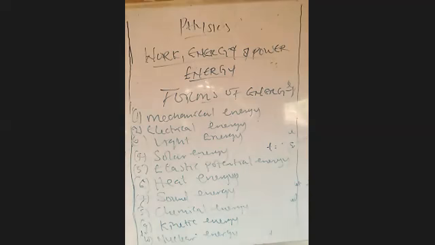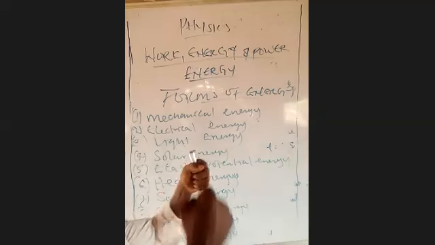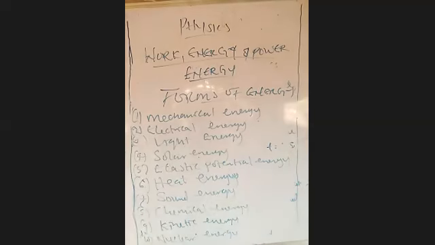We have solar energy. It's associated with what? With the sun. Solar energy is associated with the sun. The next one here is elastic potential energy. It is stored in springs or rubber, stretched bows, and catapults. Anything that deals with elasticity, that is elastic potential energy.